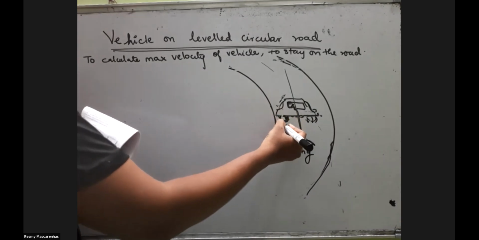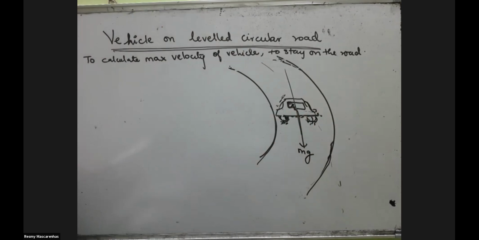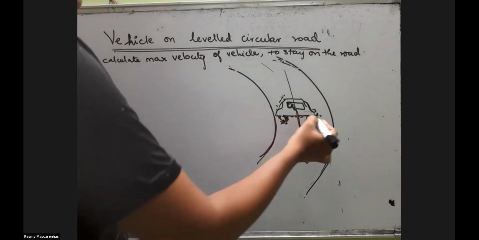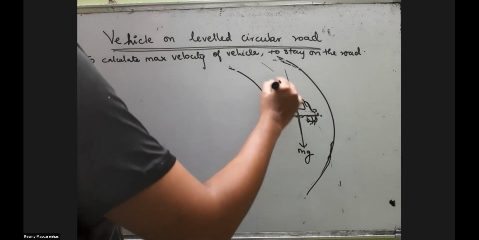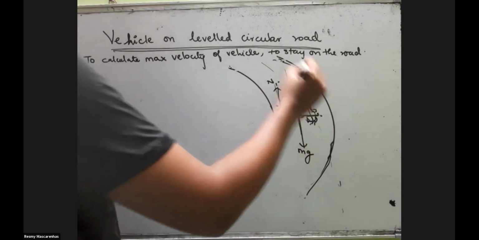Which two things are touching the surface? The car is not touching the surface, only the tires are touching the road. So when will a normal reaction come up? Only when the object is touching a surface. At the two tires, there will be one normal reaction upward and another normal reaction upward.